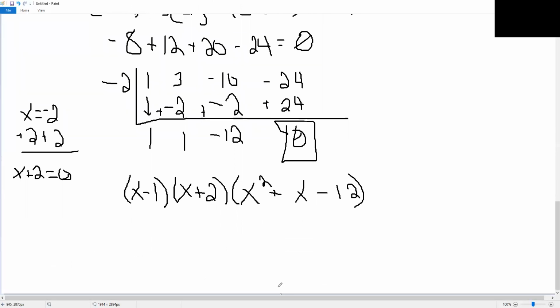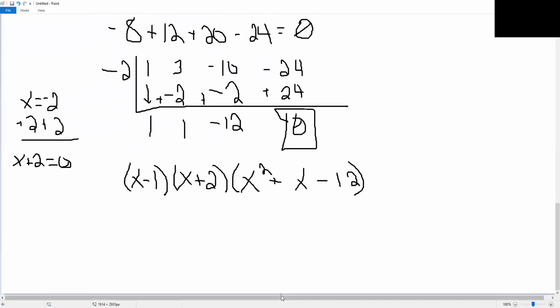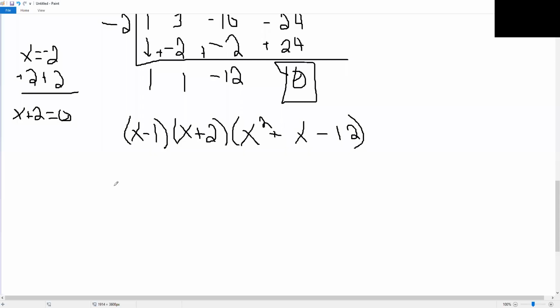Okay. So we have this. Let's see if 3 will fit into it.